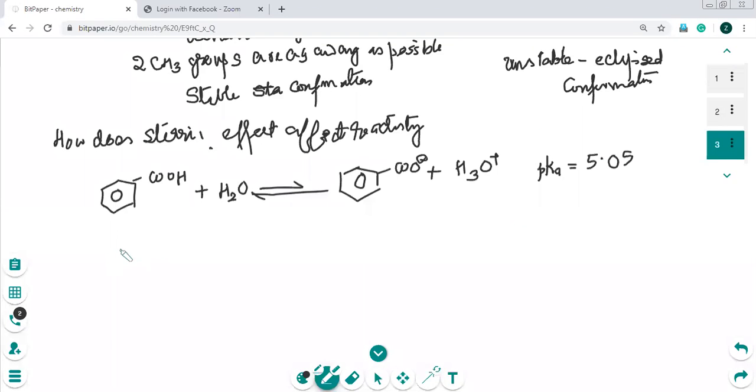Now look at this molecule. See this one. Let me put two bulky groups here, along with COOH. I'll put a t-butyl group here. So this is 2,6-di-t-butyl benzoic acid.